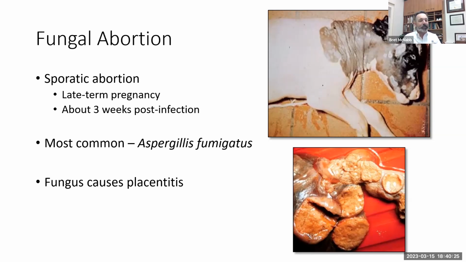Often in late-term pregnancies, most commonly we see Aspergillus species of fungus cause these abortions. But unfortunately, there's not a lot to do to prevent this. They are sporadic, so we don't see these in an epidemic situation. We see them randomly and occasionally. So it's unfortunate when it happens, but there's not a lot we can do to really prevent fungal abortions in cattle.